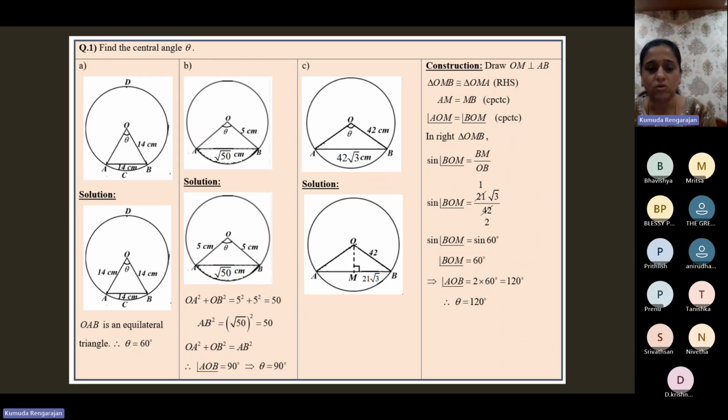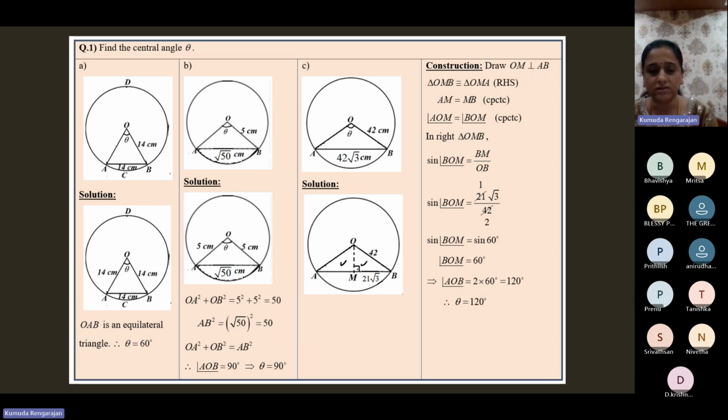So draw OM perpendicular to AB. That's the construction. Draw OM perpendicular to AB. So now we know that these two triangles will be congruent by the RHS congruence criterion. Right angle, hypotenuse OA is equal to hypotenuse OB, and OM is the common side.